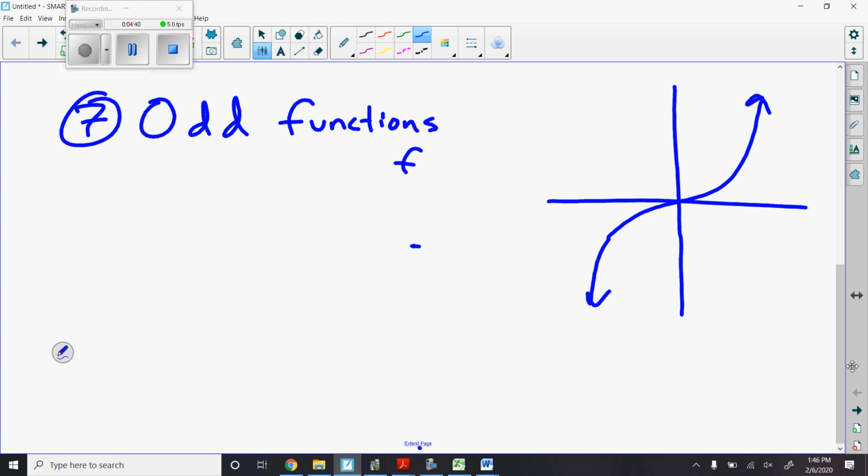Where every f of x is always equal to the opposite of f of negative x, right? So if there's a point out here, just to keep it consistent, if this point is 3, 4, then there's a corresponding point -3, -4. You actually saw this on one of your homeworks. Examples of odd functions would be like, let's see, x cubed, x to the 5th. Sine x is an odd function.